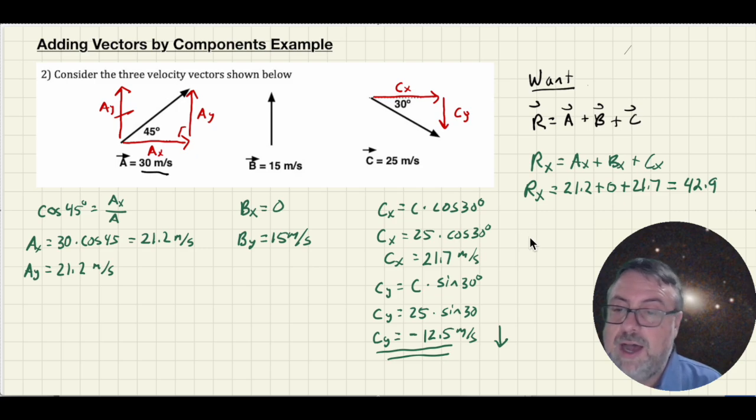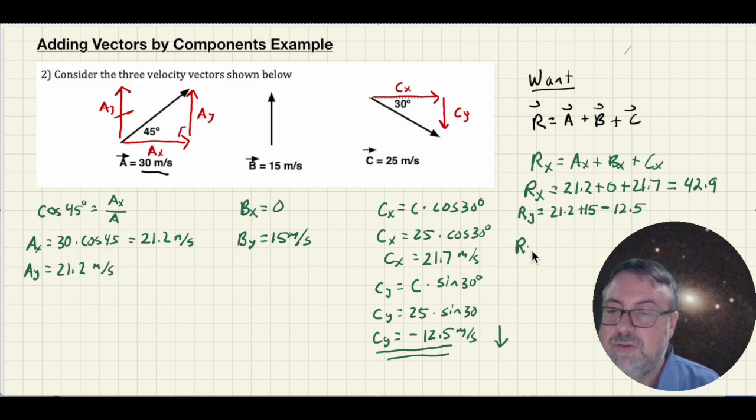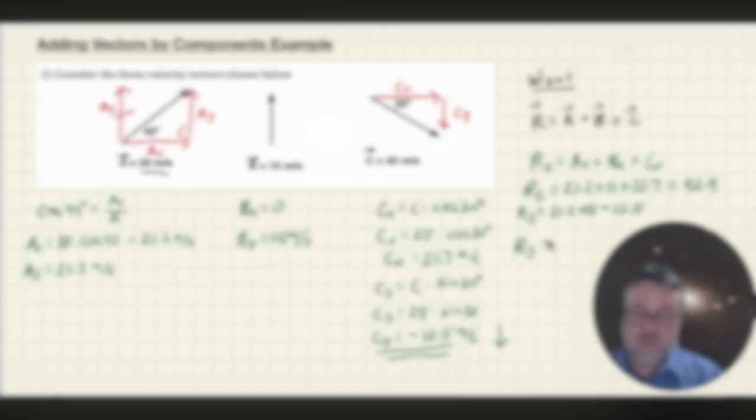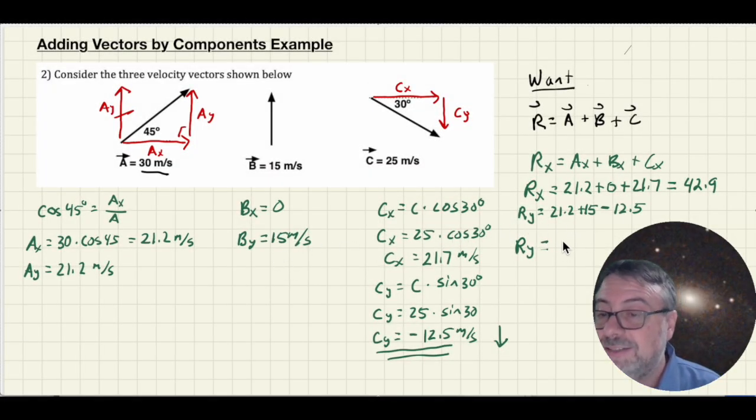Similarly, Ry is going to be equal to 21.2, the y part of A, plus 15, but minus 12.5. So the y part of my vector is equal to 23.7 positive.